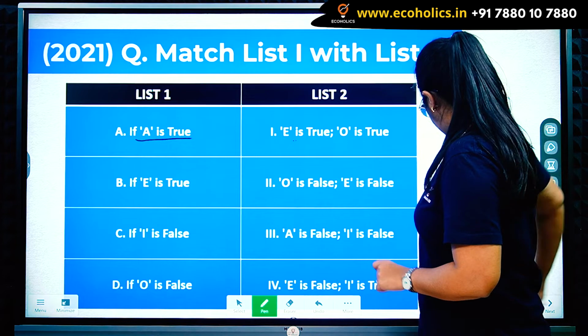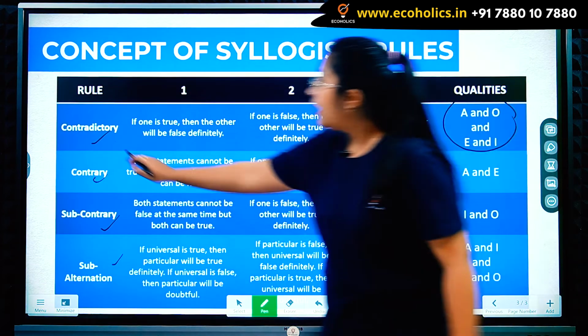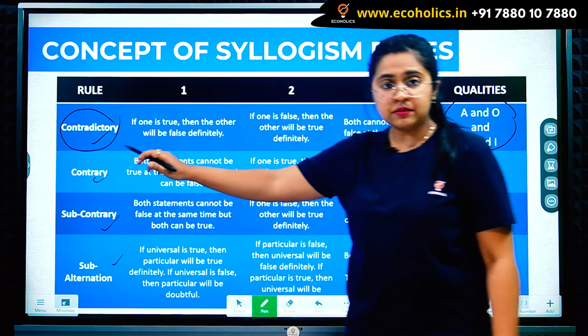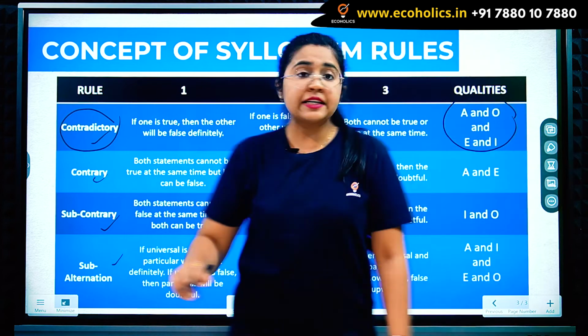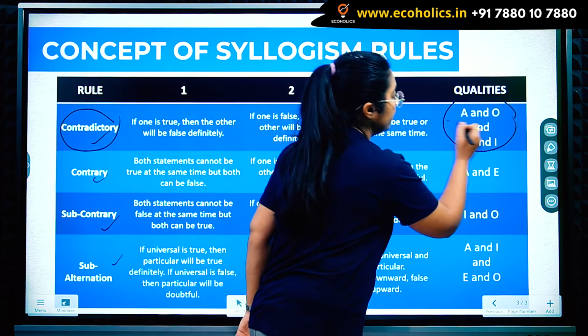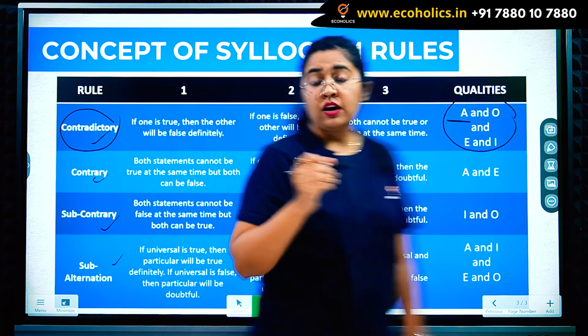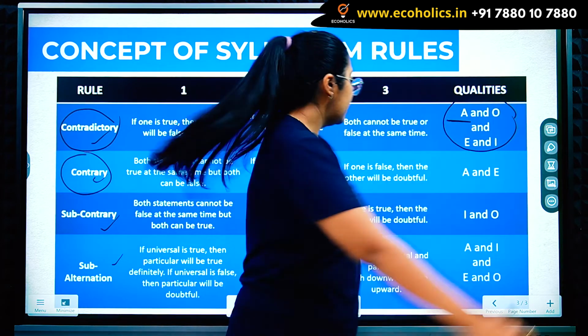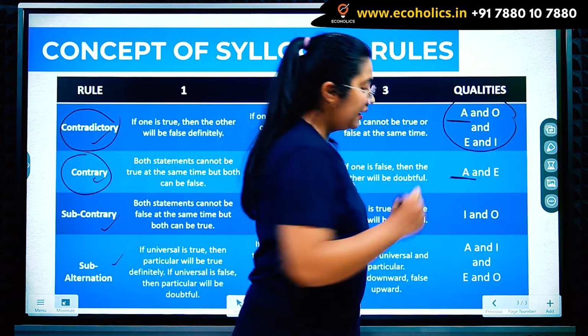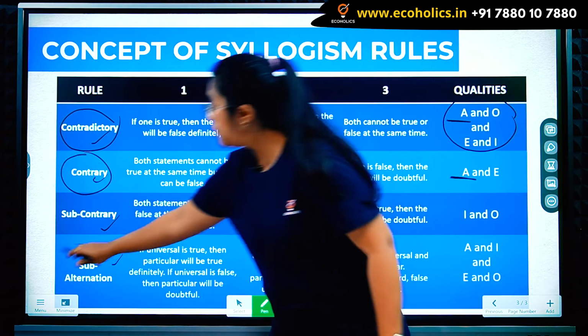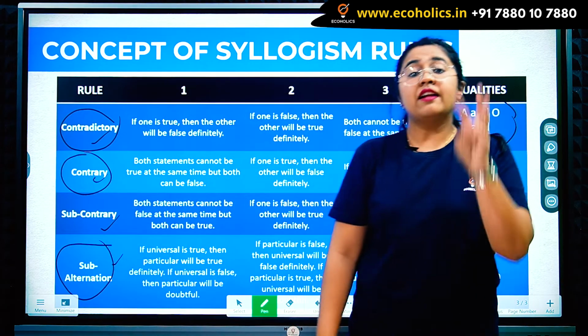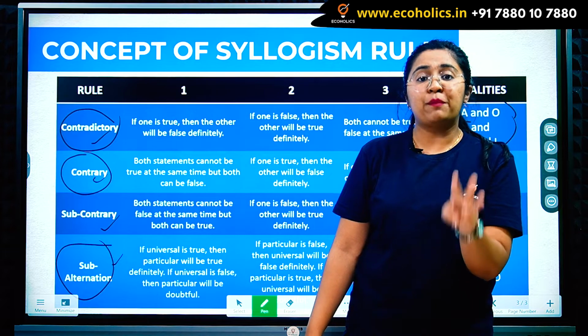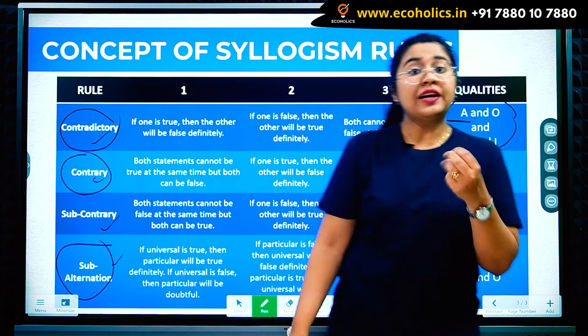So if we go over here, we will see that contradictory statements include A. Then we have contrary statements. They also include A. And then we have subalternation. There are 3 types of classical square of opposition which include A.